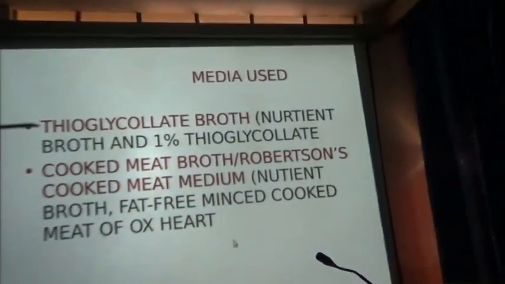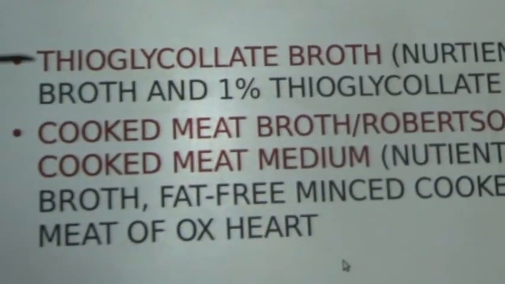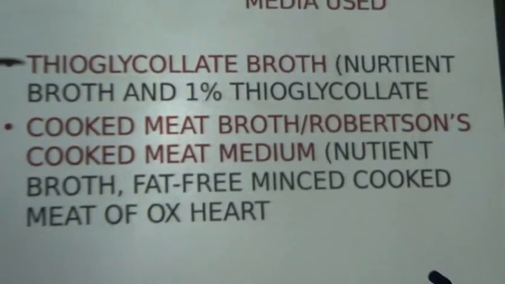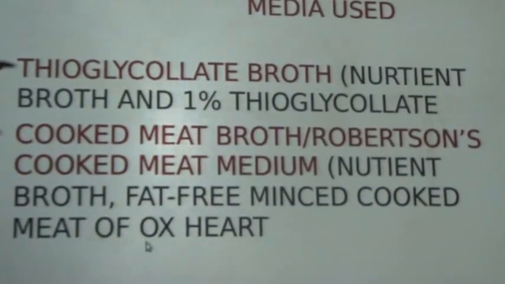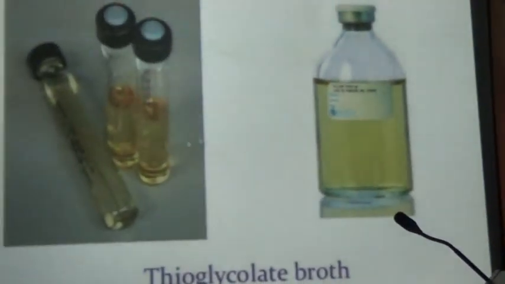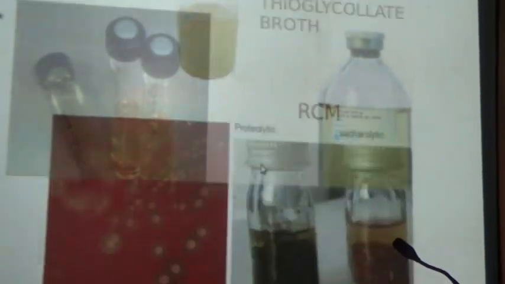The media usually used in a routine laboratory are two media, that is thioglycolate broth and the cooked meat broth or the Robertson's cooked meat medium. This is the thioglycolate broth. These are the tubes, whereas this is the bottle.